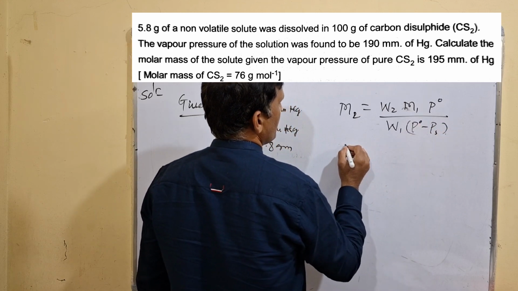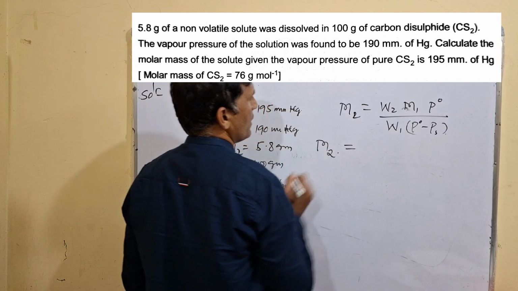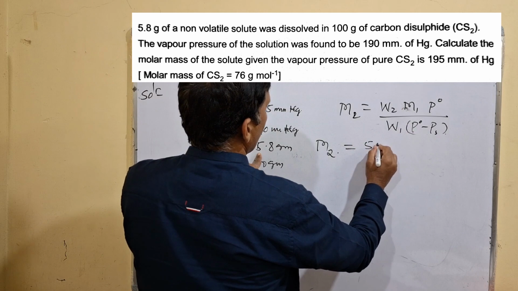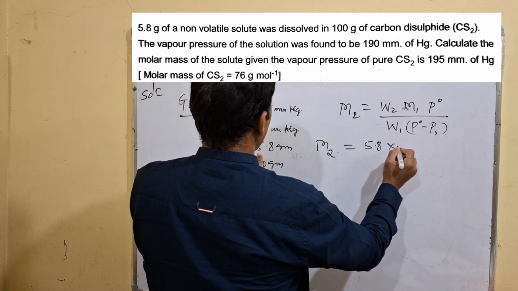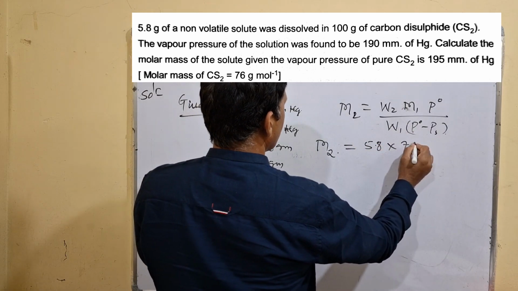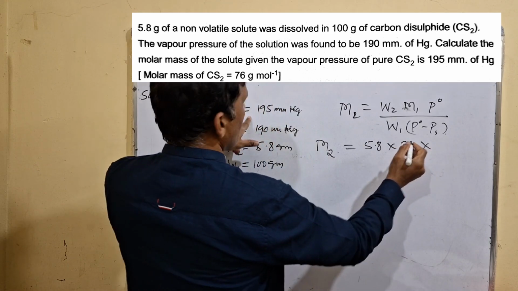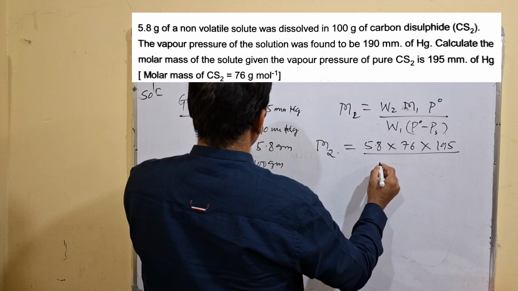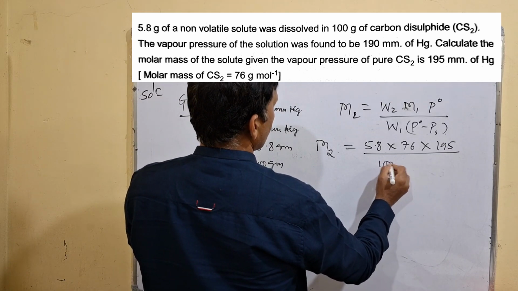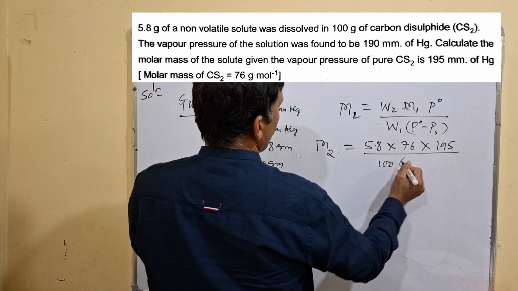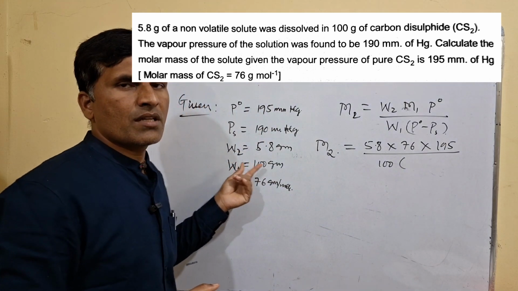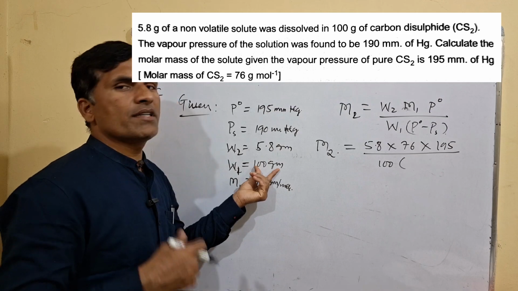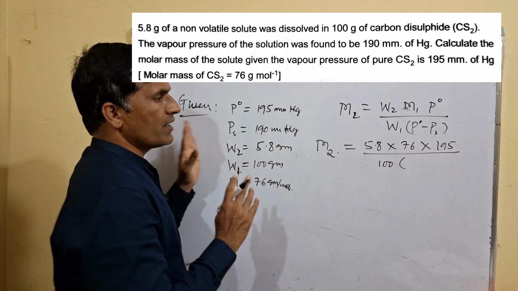Substitute the values: W2 is 5.8, M1 is 76, P naught is 195 mmHg, divided by W1, which is 100 gram, into P naught minus PS. Here you are not expected to convert 100 gram into kilograms, because we are calculating mole fraction. It is not required in vapor pressure.